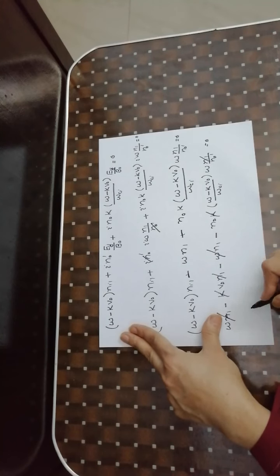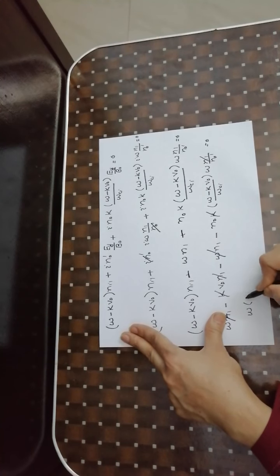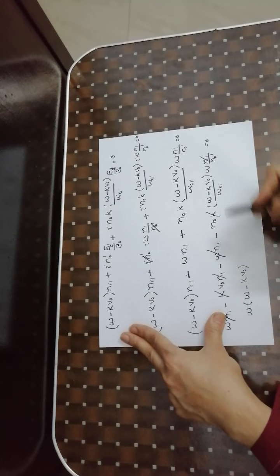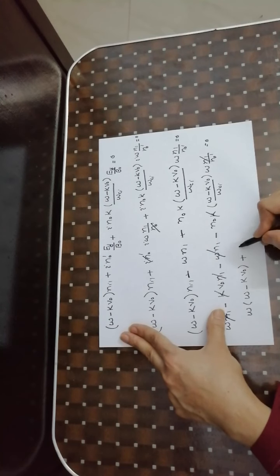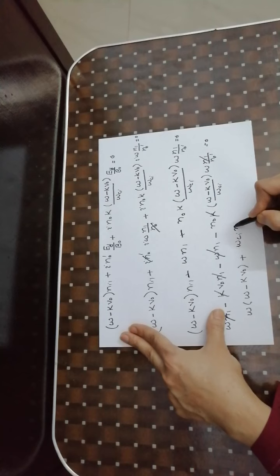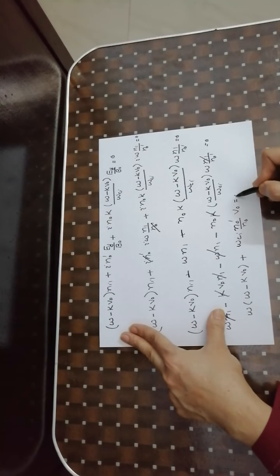So we'll be left with omega minus k v naught, omega minus k v naught, and then here plus omega ci n naught dash over n naught, omega ci and v naught equals 0.